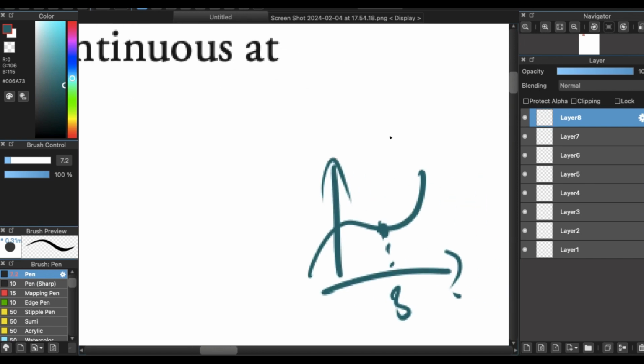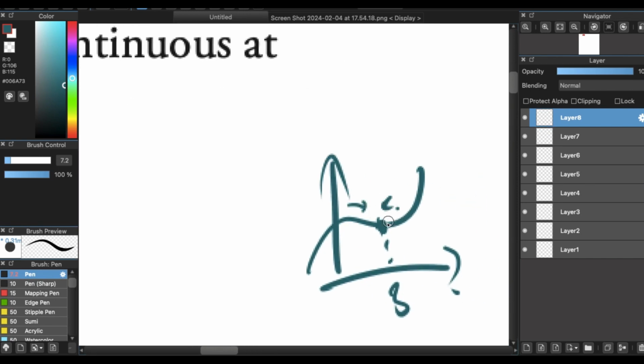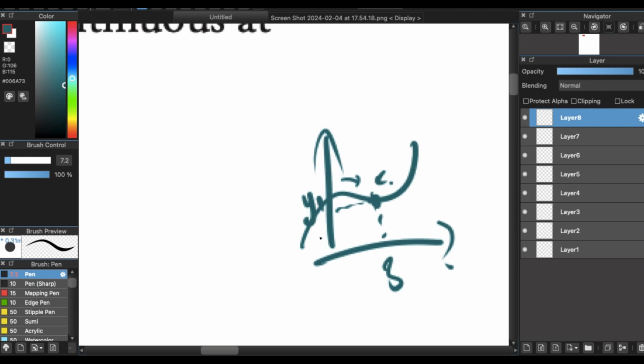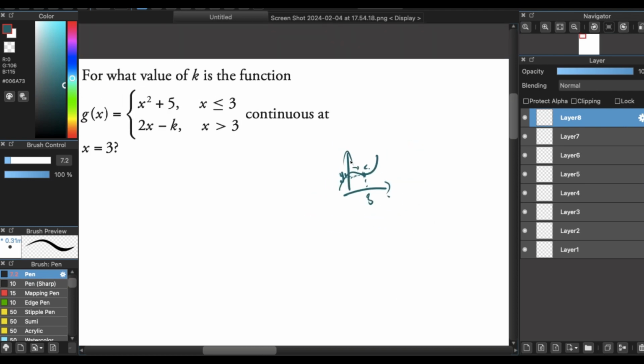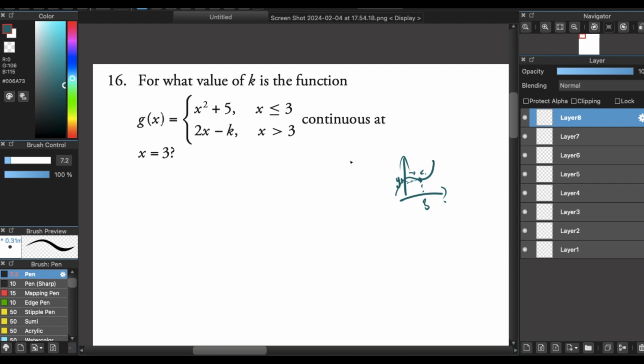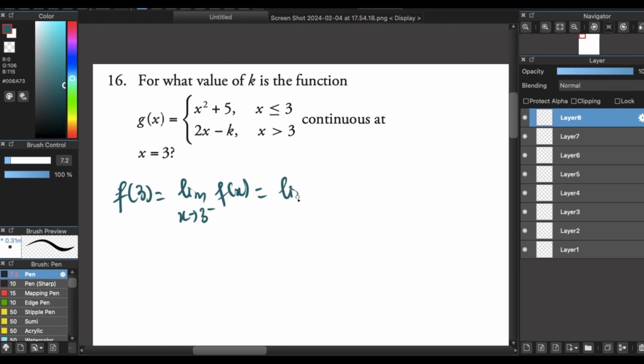It is continuous when the limit from both sides is equal to the value of y at that point. So if you want this function to be continuous at 3, then g(3) must be equal to the limit as x approaches 3 from both sides.